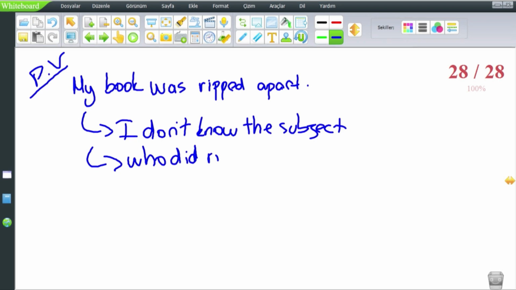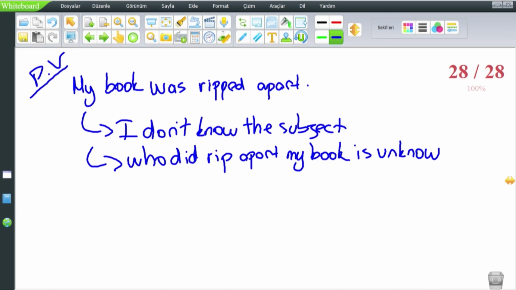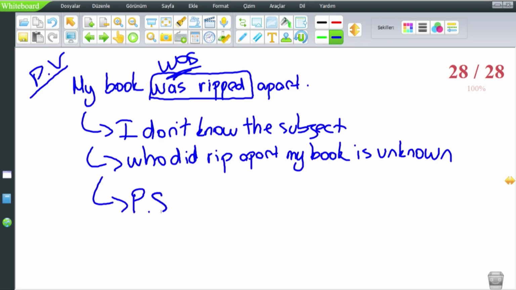Who ripped apart my book is unknown. And I can understand from here was is used. That's why I can understand that this happened in the past simple, because I see that there's a was.